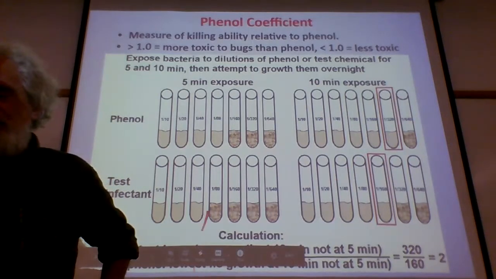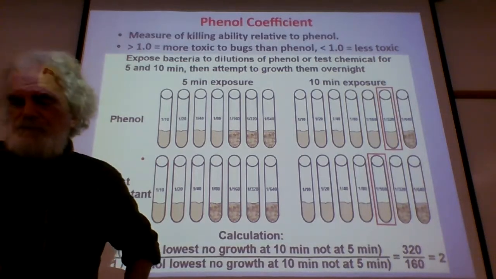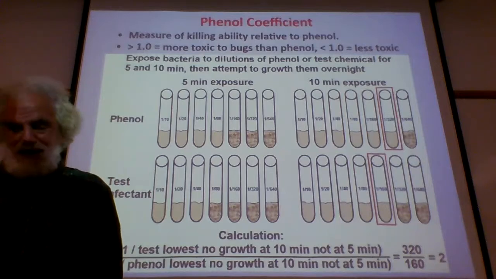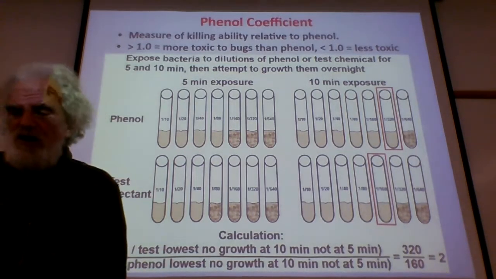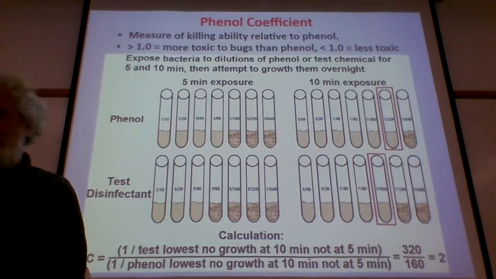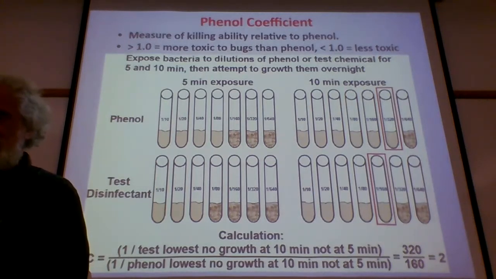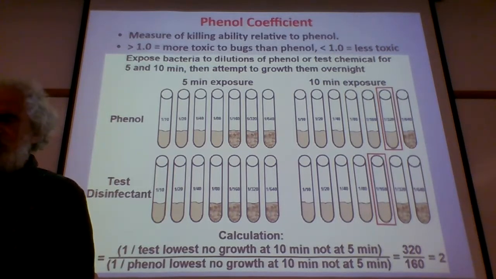And so in this case, we've got 1 over the test with the lowest no growth at 10 minutes, not at 5 minutes, over 1 over the phenol lowest no growth at 10 minutes, not at 5 minutes. And in this specific example, we end up with a phenol coefficient of 2.